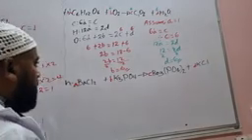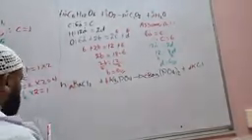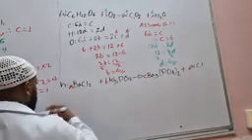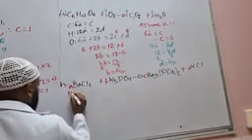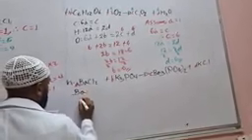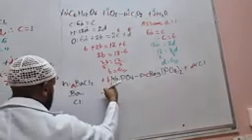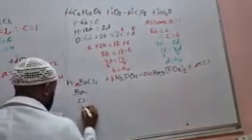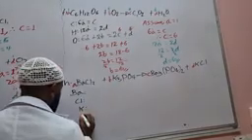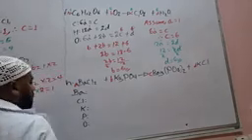Then list down each atom of element: barium, chlorine, potassium, phosphorus, and then finally oxygen.